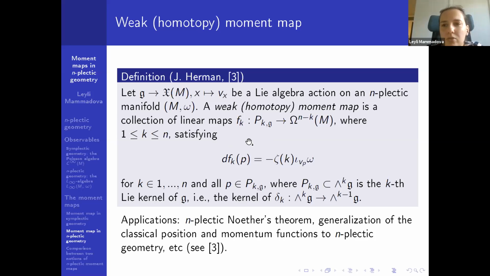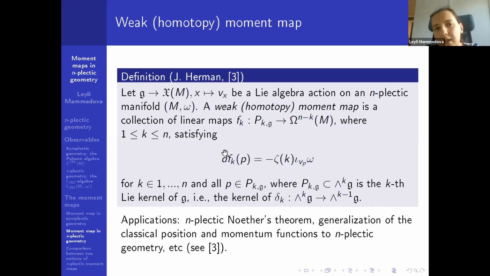This amounts to adding an element in G star, but because the first cohomology of your Lie algebra vanishes, if you have an equivariant moment map, it's unique.